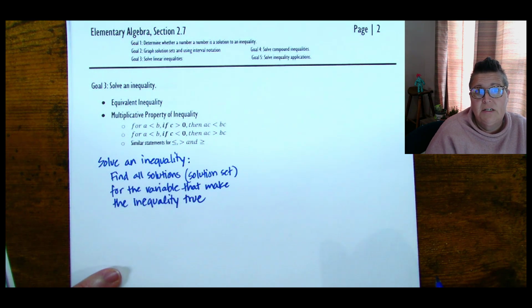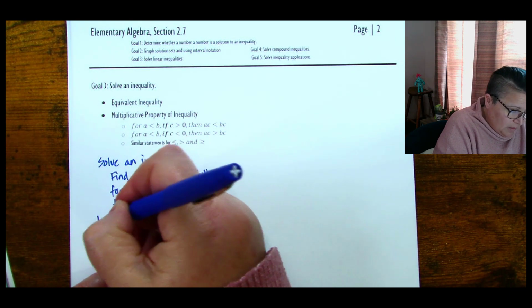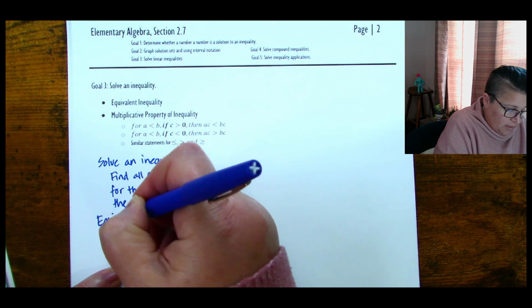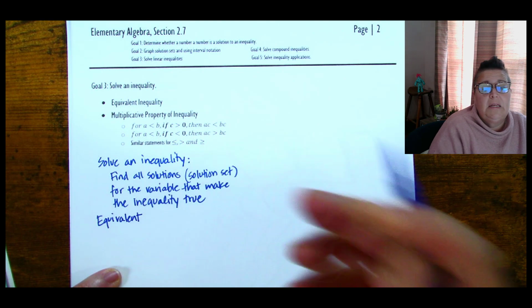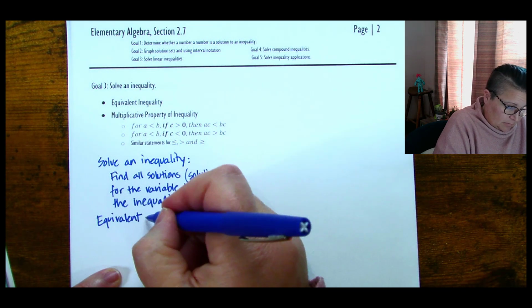What makes that inequality true? Sometimes inequalities will be equivalent, meaning the same set.